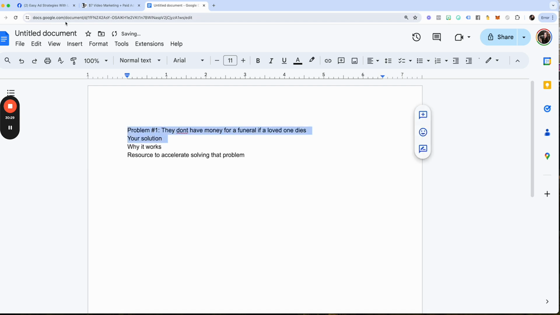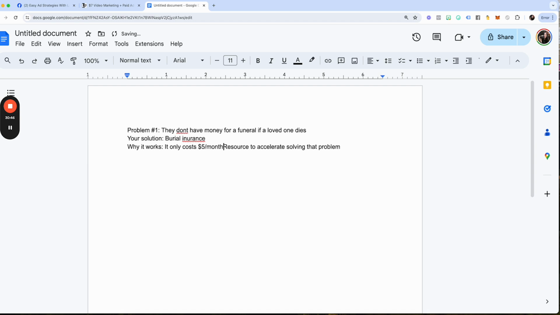I don't know if that's a specific problem that you solve, but your solution, right, is burial insurance. Why it works, if you said something like, it only costs $5 a month and you never have to worry about funeral stress again, blah blah blah.